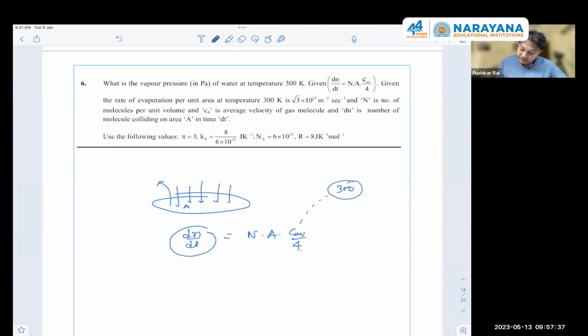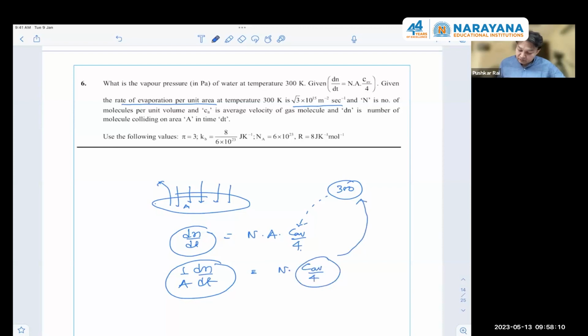So you have the value of this. And the rate of evaporation per unit area is given in SI units. That means we know dN by dt, 1 by A, that is given in SI units. So this is N and this is C average by 4. That you know. 300 Kelvin, you know.